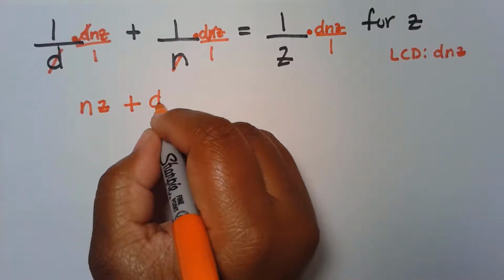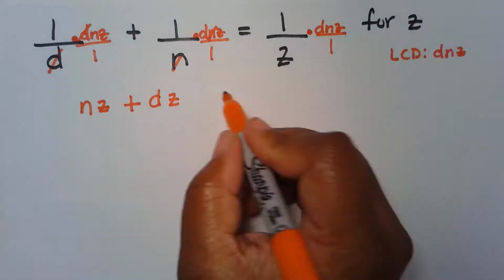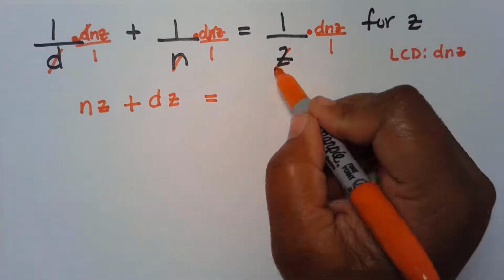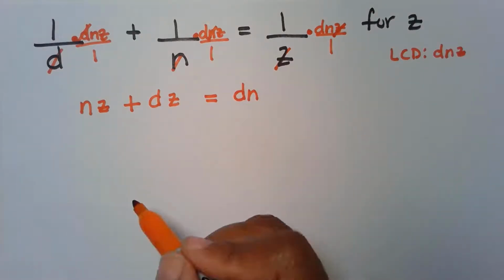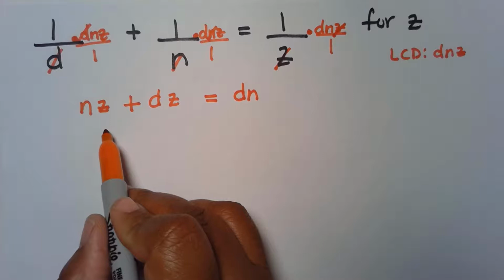We have DZ equals, on the right hand side, the Z's cancel out. We have DN. Okay, so our goal is to have Z by itself.